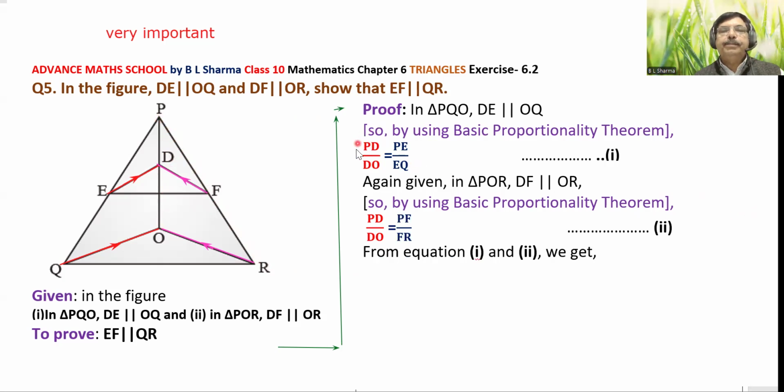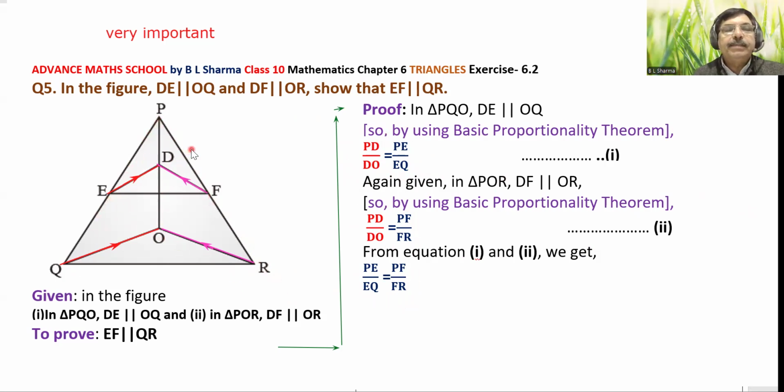But now we see that PD upon DO here and here, in first and second, is the same. So left hand side is same, so right hand side is also same. So considering first and second, PE upon EQ will be equal to PF upon FR.